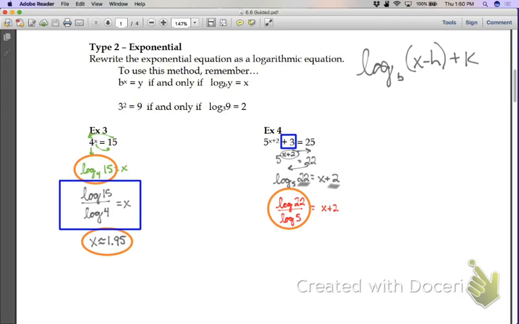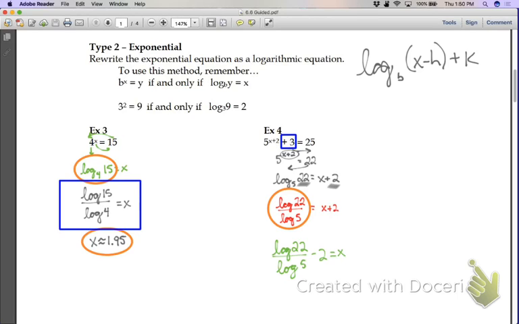Okay, so it's like you're doing this in 2 parts, essentially, of log of 22 divided by log of 5, and then subtracting the 2. I'm okay with you doing that, just don't subtract the 2 from the 22 or the 5.